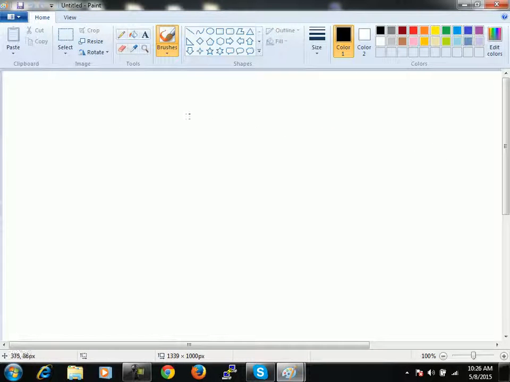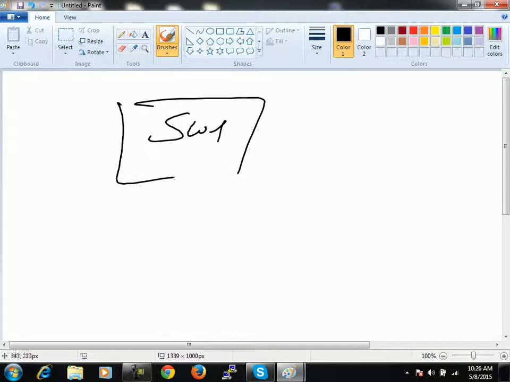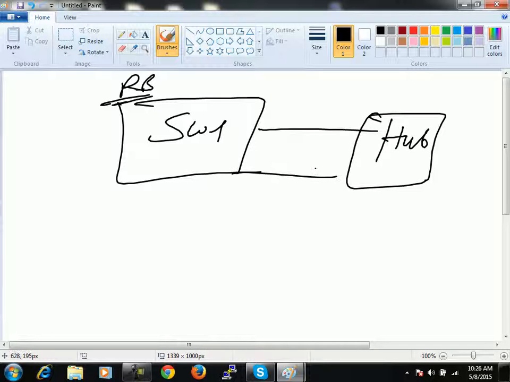That condition can be something like this. Let's say this is switch 1, and there is a hub. A hub does not understand STP. Let's say this is 0/1 and this is 0/2. If both are configured as DP, of course there will be a loop.